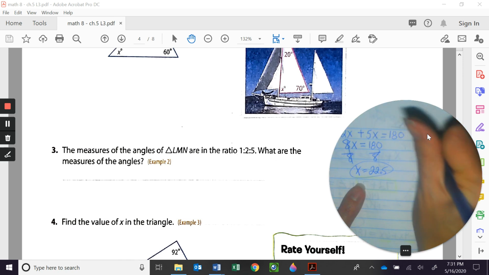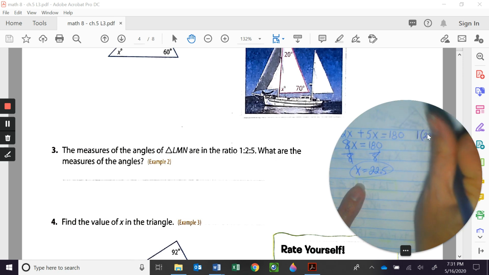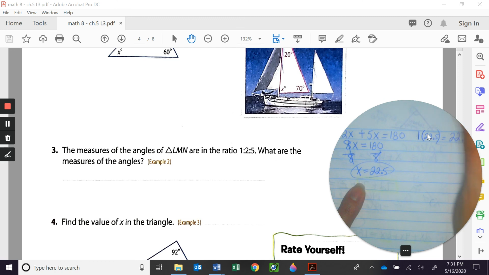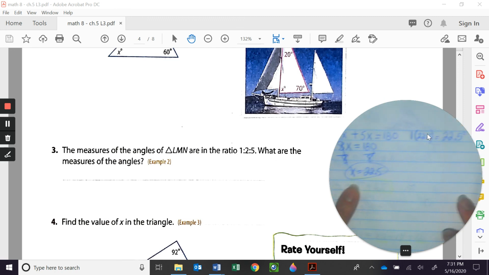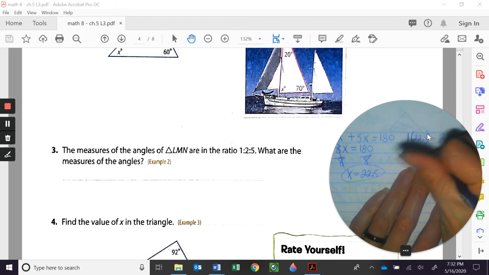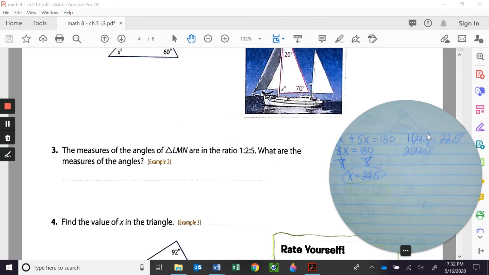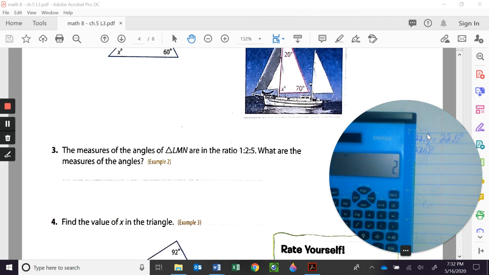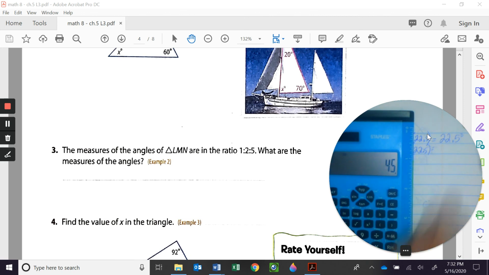So 1 times 22.5, well, that is 22.5. So that is one of your answers. Then we need 2 times 22.5. Take your calculator, there's nothing wrong with that. And we get 45.